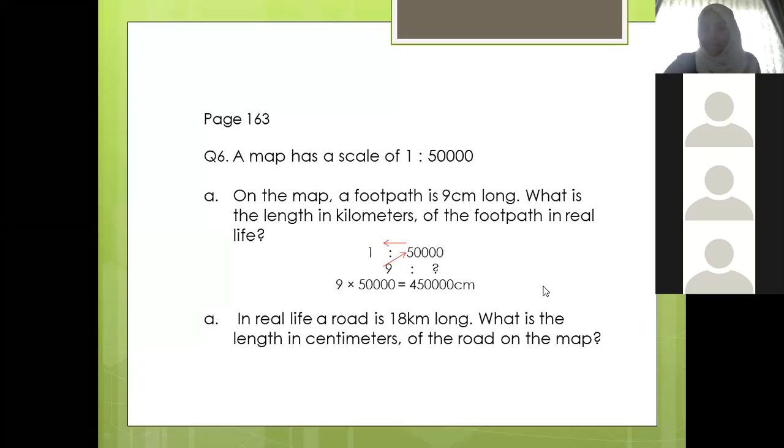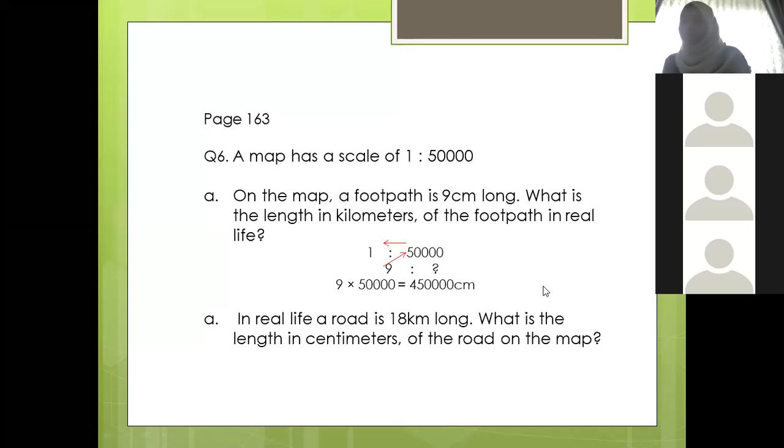So 450,000 divided by 1,000, and this equals 450 kilometers. Teacher, from centimeters to kilometers, do we divide by just 1,000? No, 10,000. Now take me step by step, Sarah.